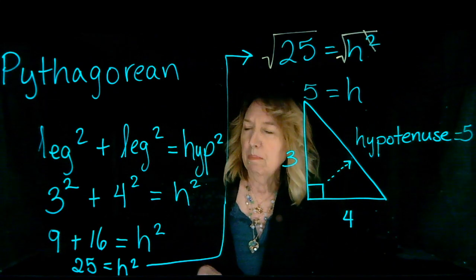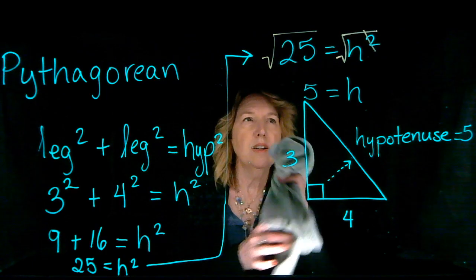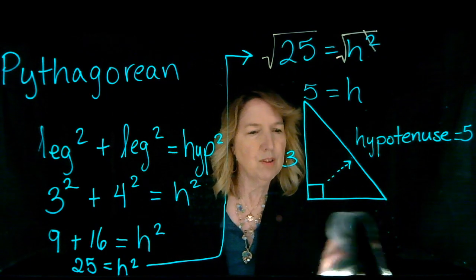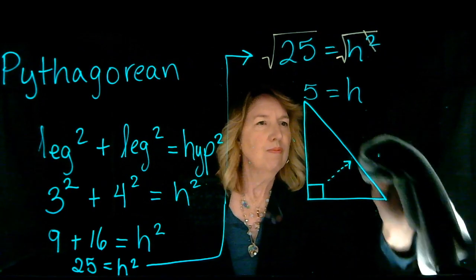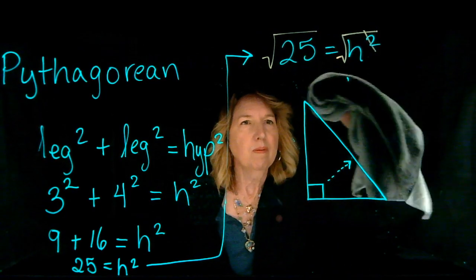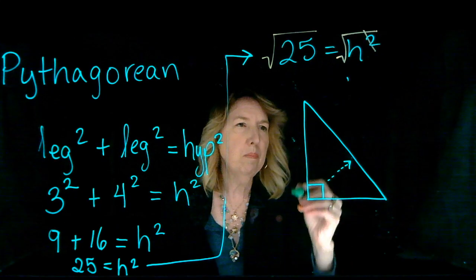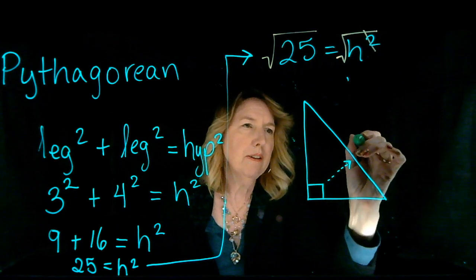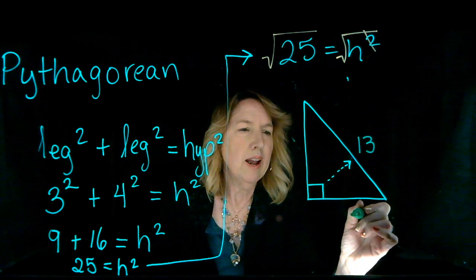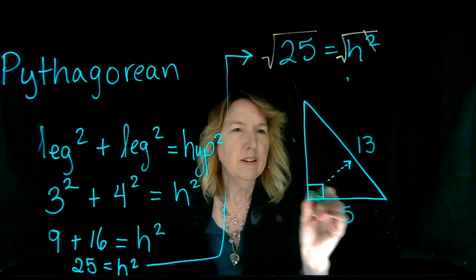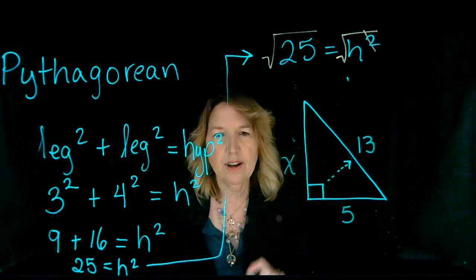Now, some people, when they get a different equation or a different triangle here, for example, let's suppose you're given the hypotenuse and you're given one leg and you have to solve for the other leg.